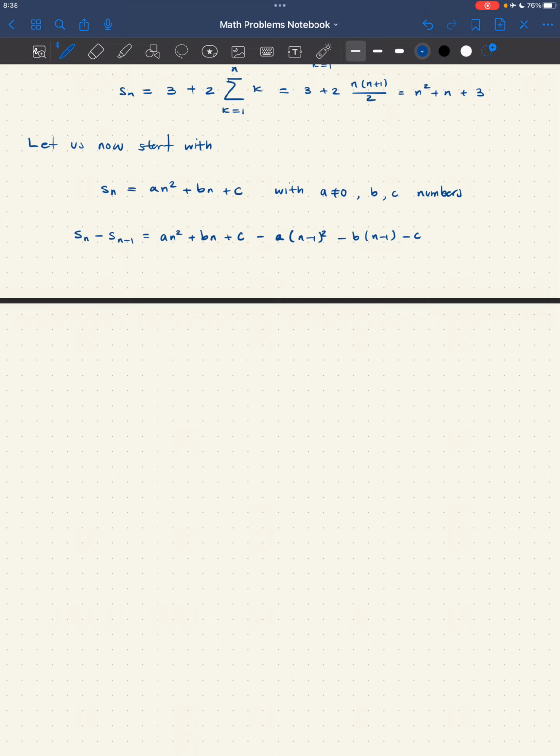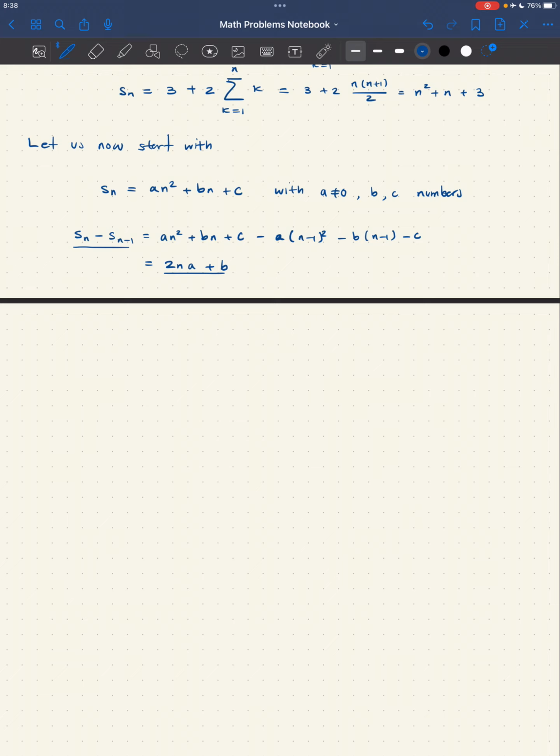Of course, after some computation, this reduces to 2na plus b. Now we see that this new sequence that we're defining is indeed given by a linear polynomial, which is exactly the form of those arithmetic sequences.